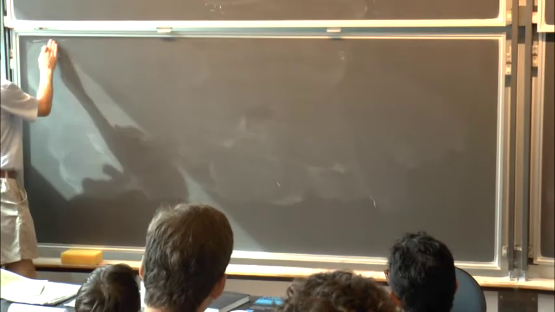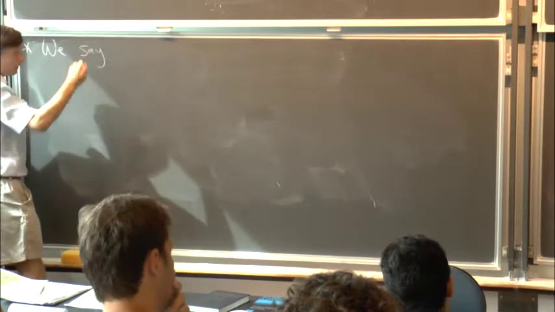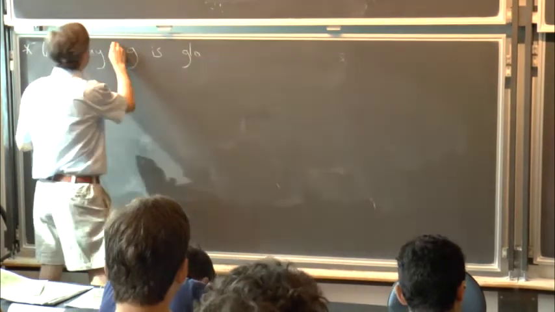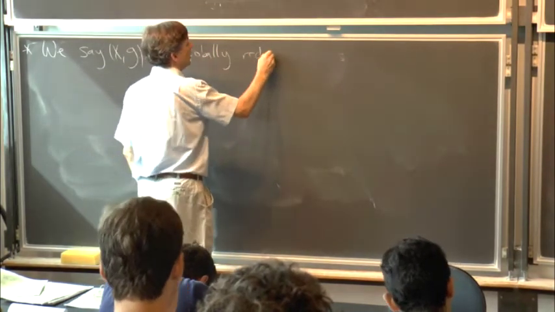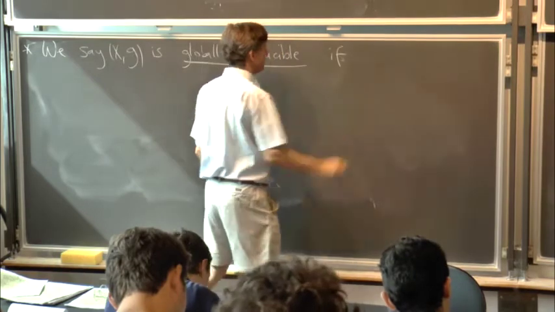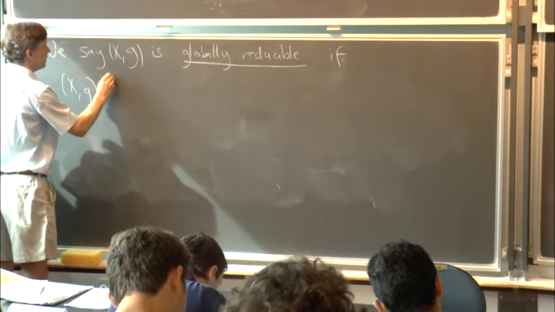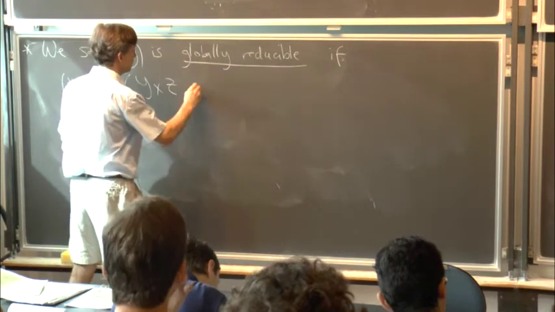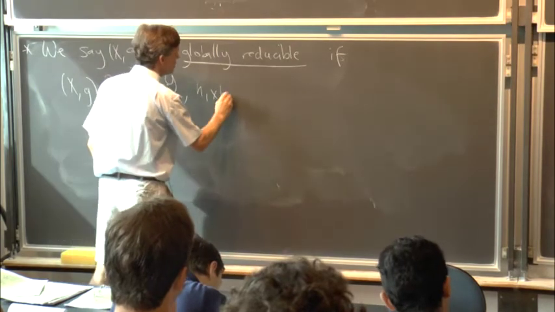Well, so we say that (X, g) is globally reducible if it's a Riemannian product. Well, (X, g) is isomorphic as a Riemannian manifold to some product, let's say Y1 cross Y2, with h1 cross h2.